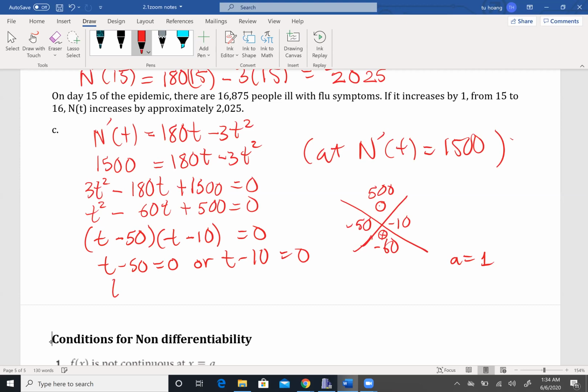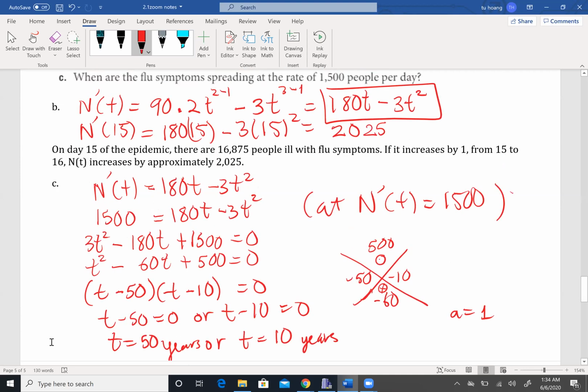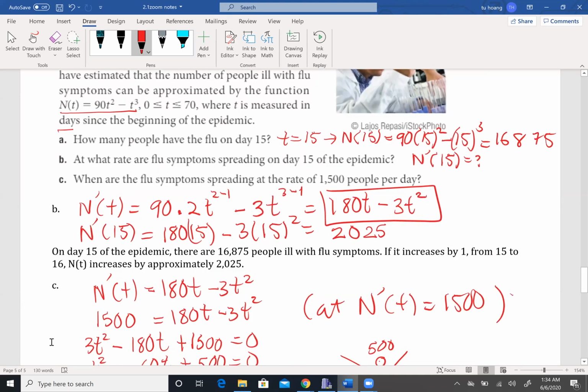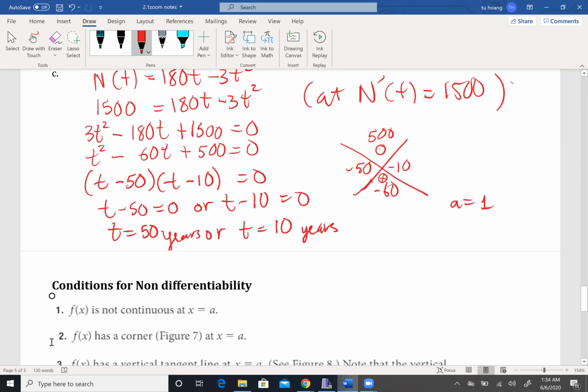And then finally you get t equal to 50 or t equal to 10. Say 50 years and 10 years, because it's talking about after how many years. So that is the answer.